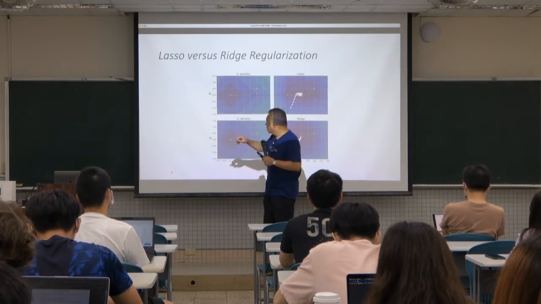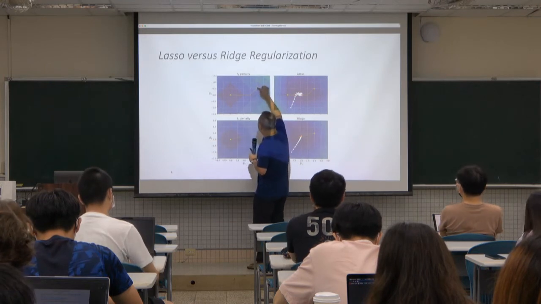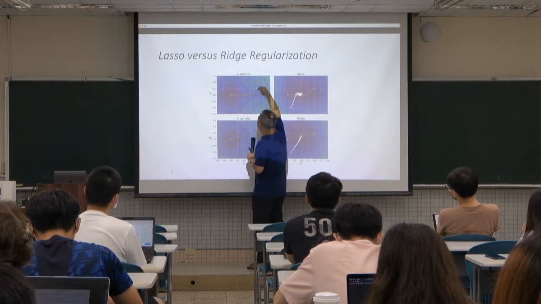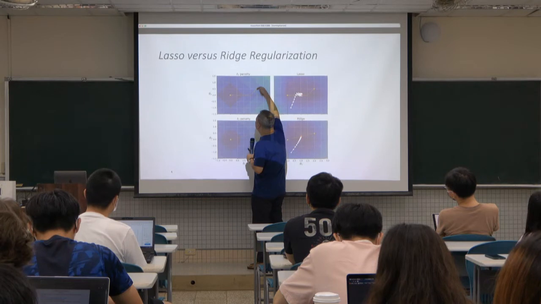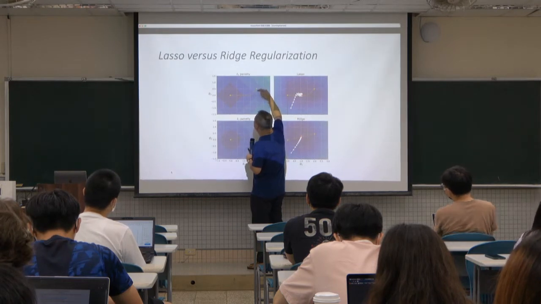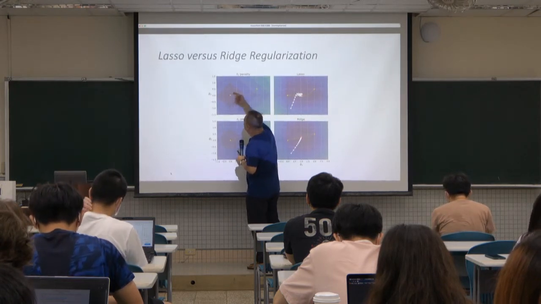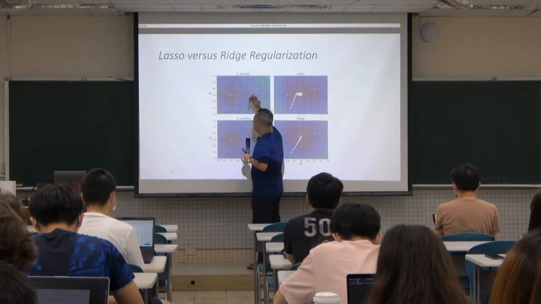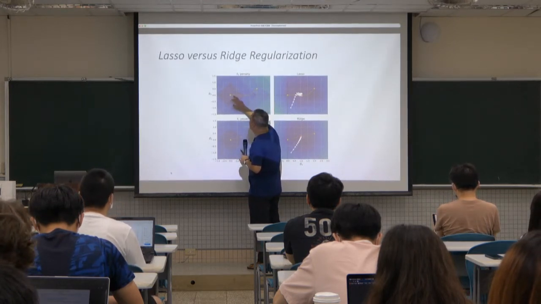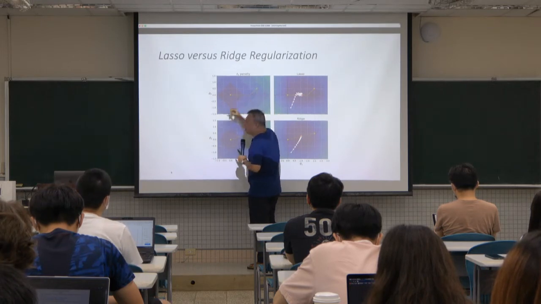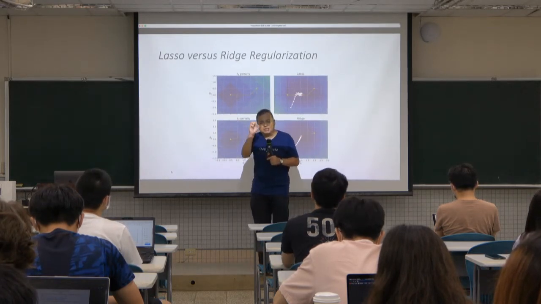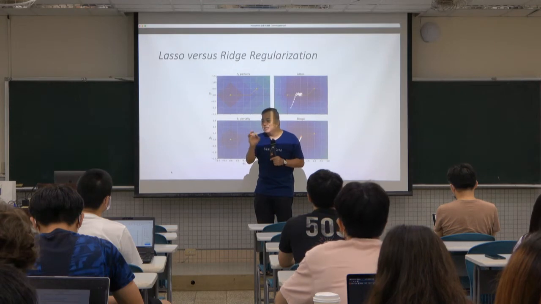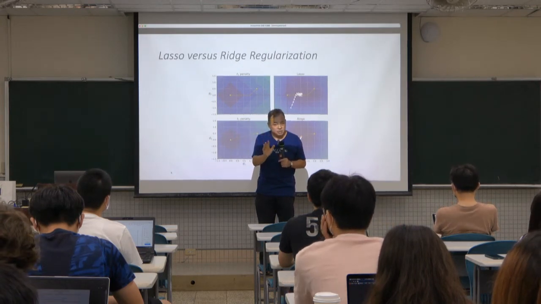When you train with more and more constraint, theta 1 and theta 2 are going to get closer and closer to 0.